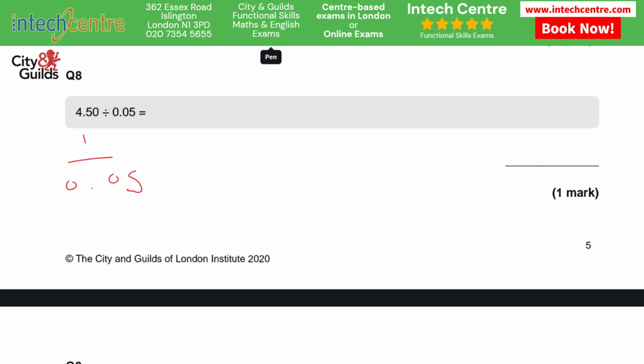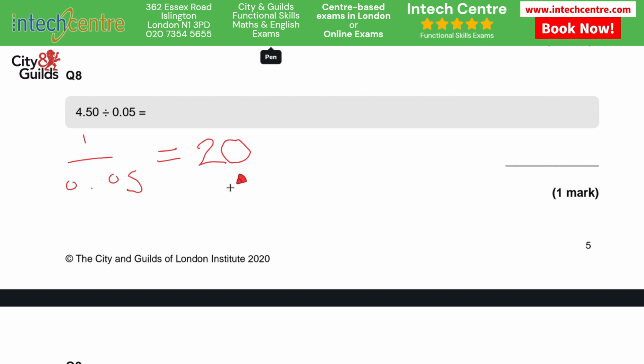So if it was the reciprocal of 0.2, it would be 1 over 0.2. Now 1 over 0.05 is equal to 20. So it's just how many times does 0.05 go into 1? It goes into it 20 times. If we times 0.05 by 2, we get 0.1, and 0.1 goes into 1 10 times.